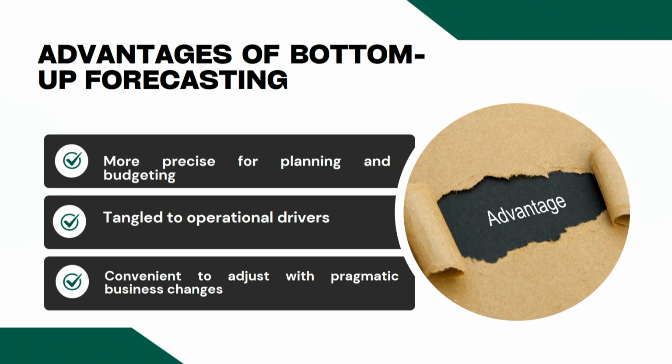Unlike the trend analysis method and the percentage of sales method of projecting income statement, we do not find that flexibility to adjust against any changes emanating from external forces.